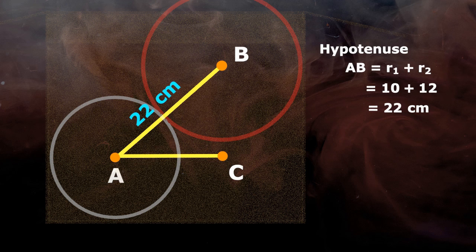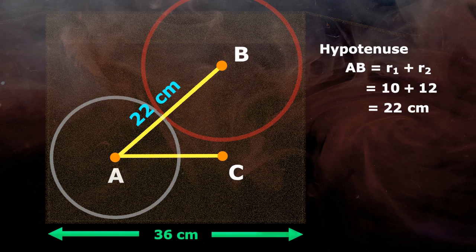Here, the width of the box is given, that is 36 centimeter. So if this width is divided in three parts, the first part is center A to box, the second is AC, and the third is C to box. As the balls are touching the sides of the box, the distance from A to box is equal to radius R1.